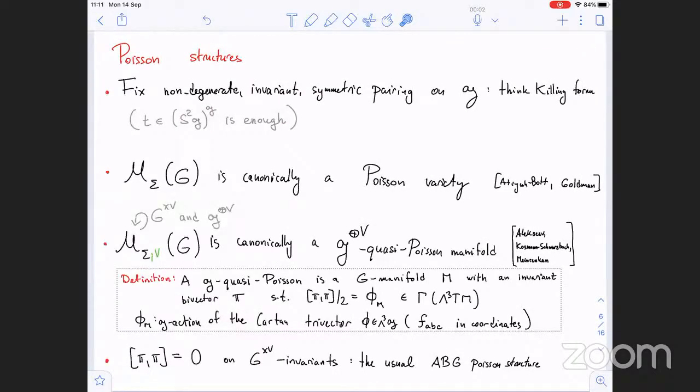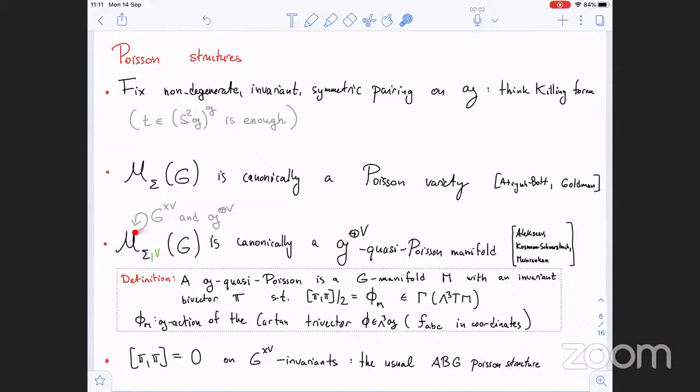So what comes now is the generalization for these moduli spaces with marked points. Remember, if we have these marked points here, this has an action of V copies of G, or let's look at this also as the Lie algebra action. And then this space is canonically something called a quasi-Poisson manifold.